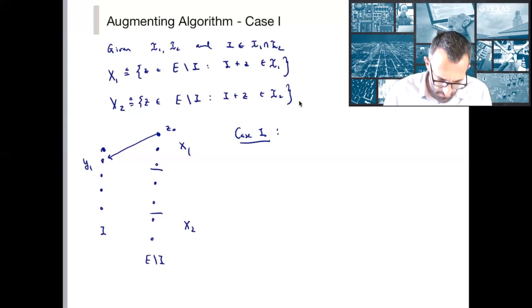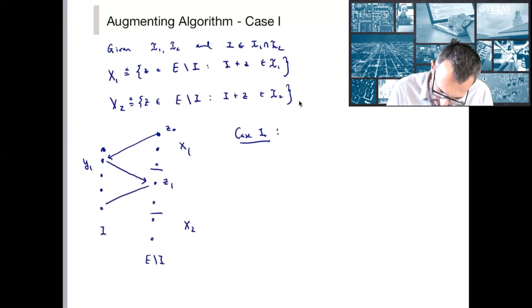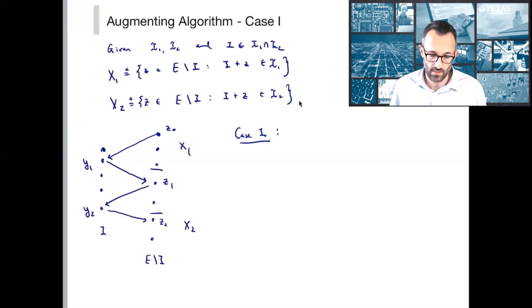Ends in y1. Then perhaps there's an edge that ends in z1. Note that z1 is in neither x1 nor x2. There's another edge that goes back to some other node y2 in I. And then finally, we follow this and we end up in z2, which belongs to x2.